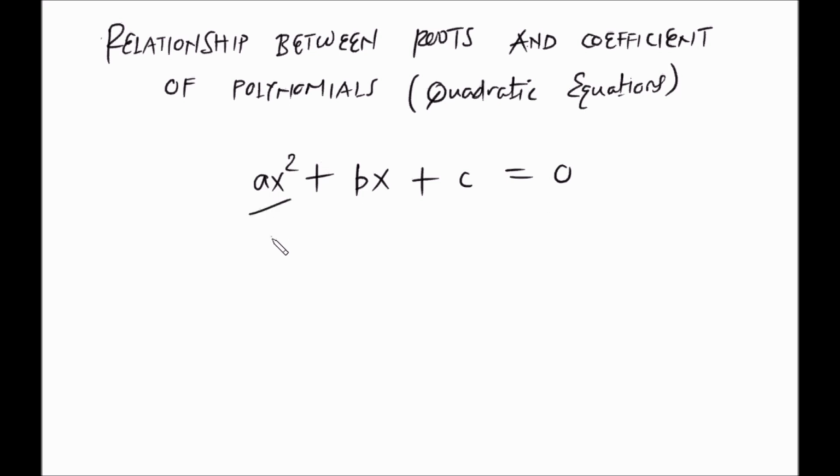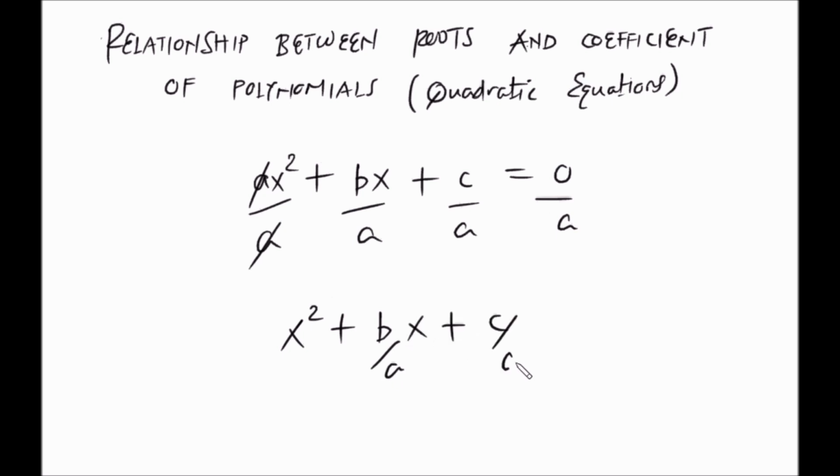If I divide by a everywhere, my quadratic equation will now be written as x squared plus b over a x plus c over a is equal to 0. So this is my quadratic equation: x squared plus b over a x plus c over a is equal to 0.